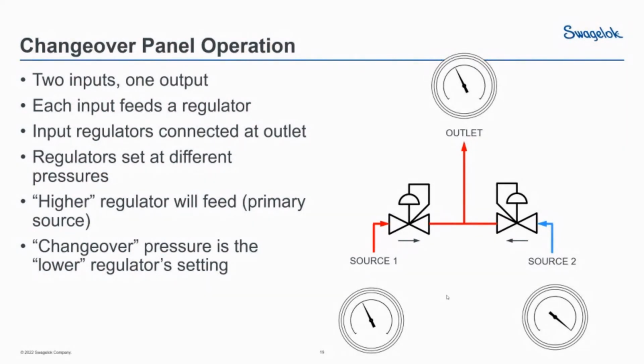I need to start feeding gas downstream to keep that pressure up. So then this is where the changeover occurs, and the panel will begin drawing from source two, and will continue to do so until its source is depleted. So it's during that time that your panel is drawing from source two that you have time at that point to change out source one, which has been depleted.